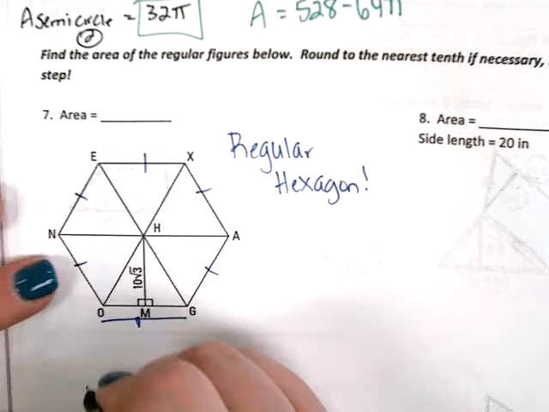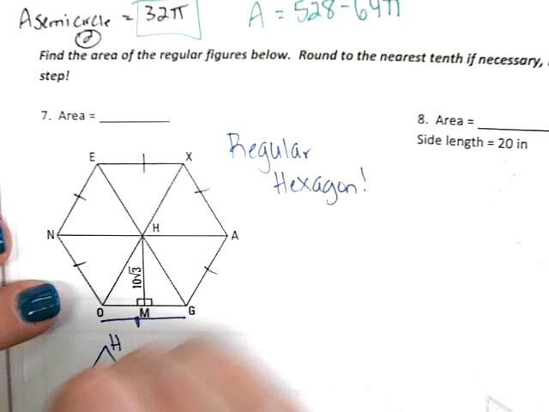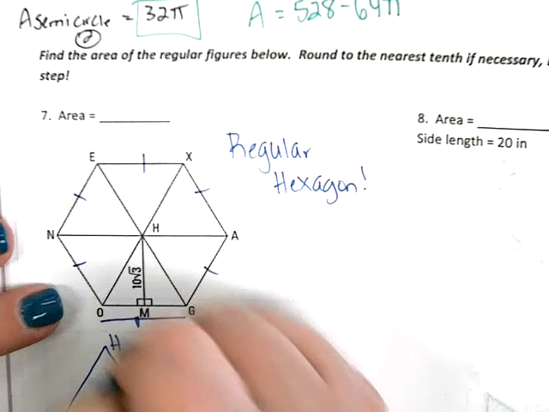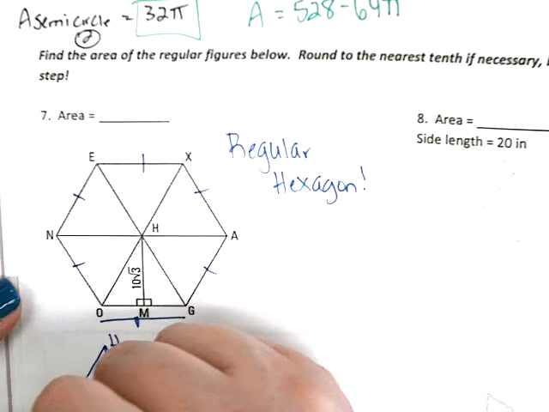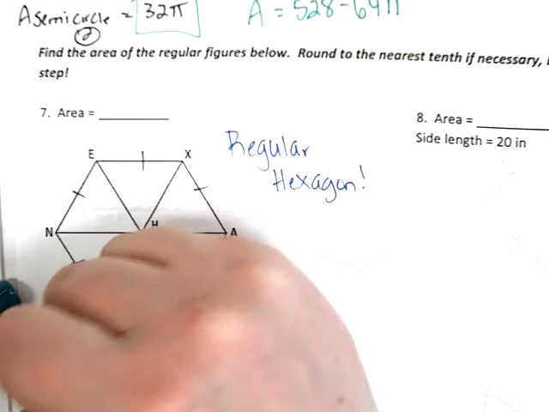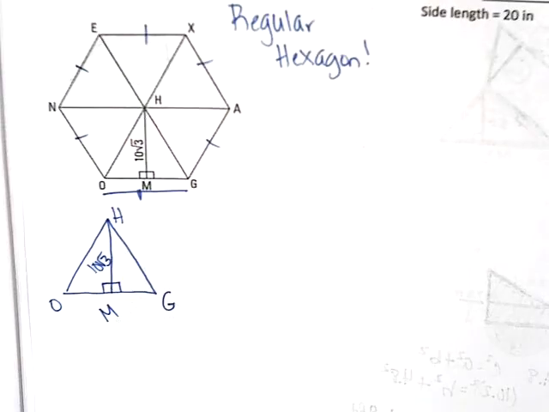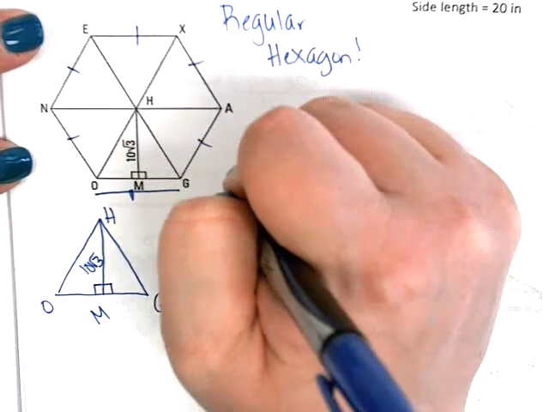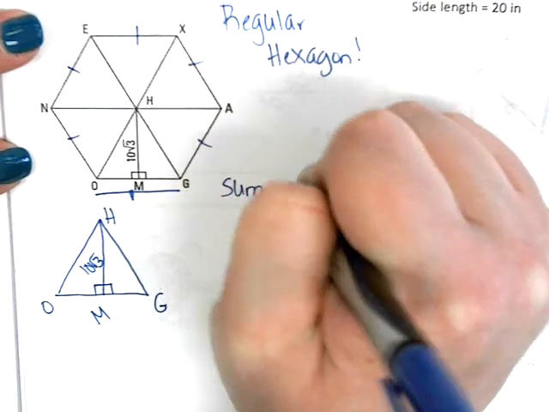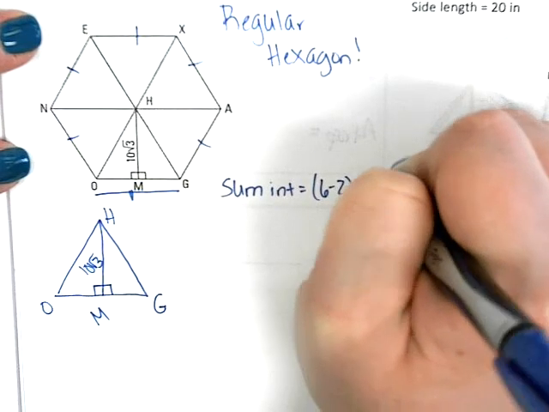So I'm going to take this triangle that's at the bottom here, which is HOG, and we've got this height drawn in. So the height is 10 rad 3. And I want to talk about that. So we know that the sum of the interior angles of a regular hexagon is 6 minus 2 times 180. Okay, so these formulas are coming back.